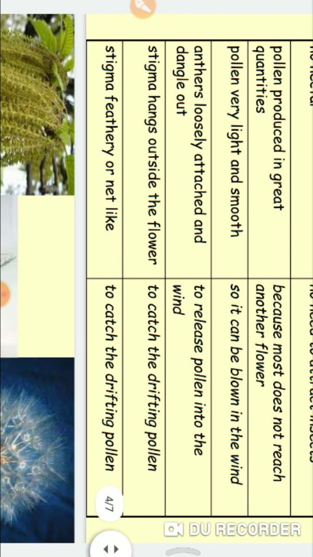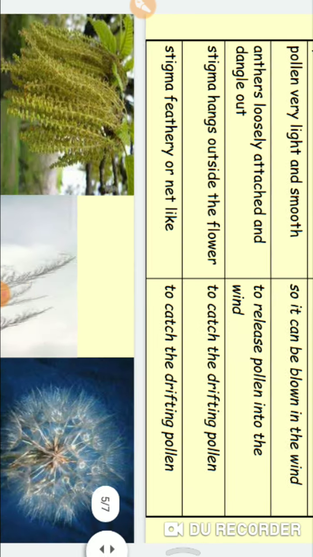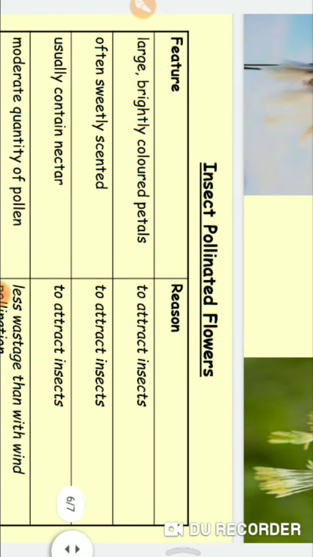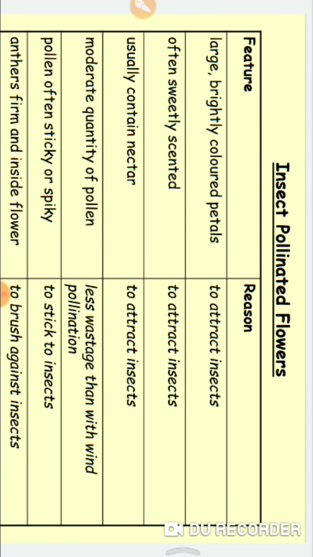These are the wind pollinated flowers. Then there are some insect pollinated flowers, called entomophily. There are so many insects that come to flowers in reward for nectar. These flowers produce large, brightly colored petals to attract these insects.